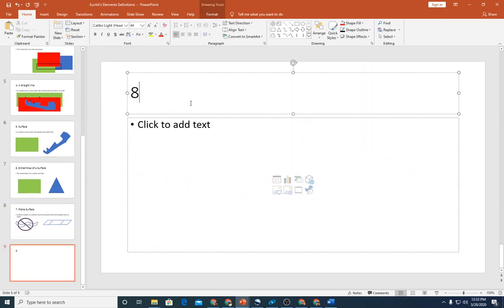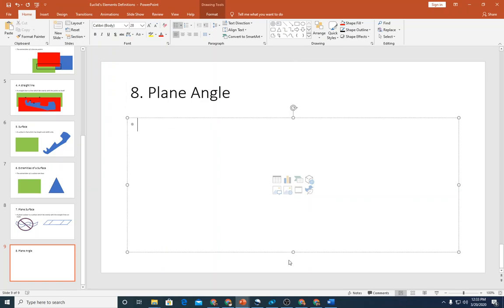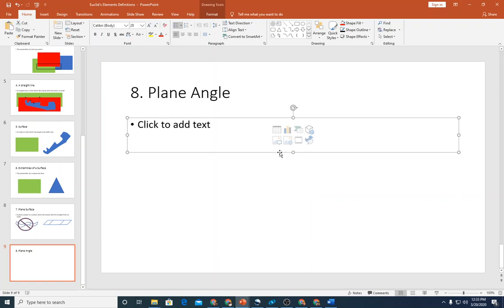Definition 8 is the definition of a plane angle. See, the nice thing about using plane, so you can't say it's a flat angle, but we get to use the same term plane, and you'll see how and why that works here in just a second. This one is a little bit of a longer definition.